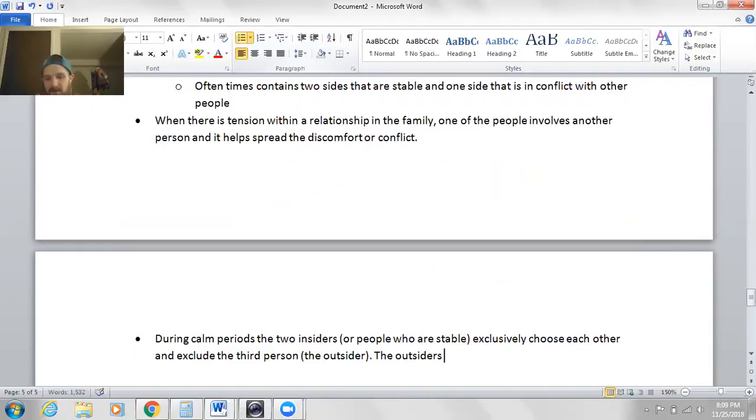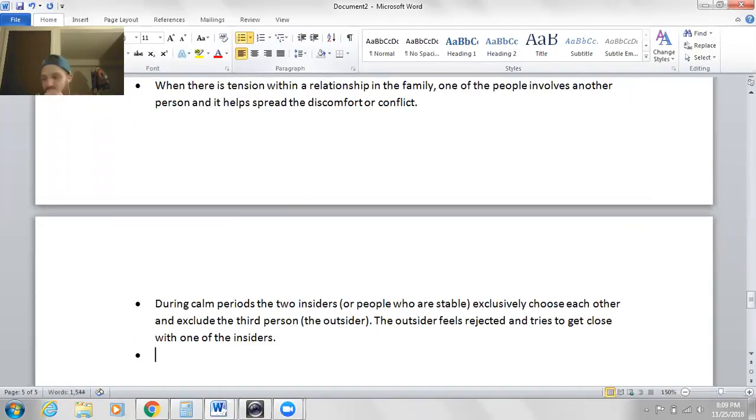The outsider feels rejected and tries to get close with one of the insiders, which inherently causes conflict.